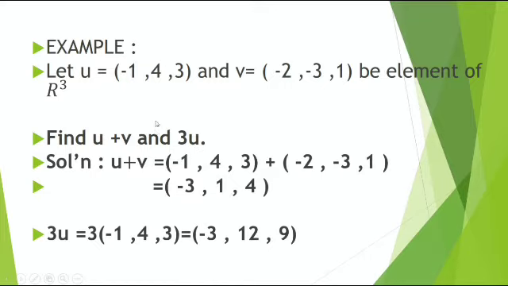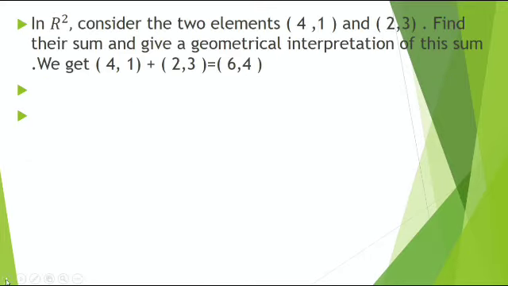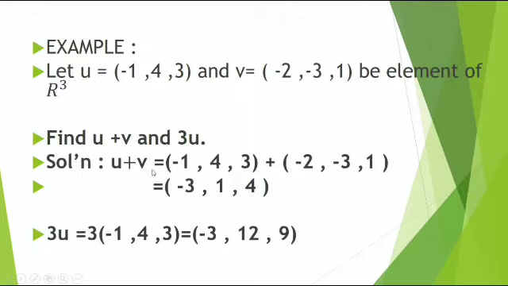Solution: you add the value of u and the value of v. So the answer of u plus v is (-3, 1, 4). And for 3 times u, multiply the value of u by 3. So the answer is (-3, 12, 9).